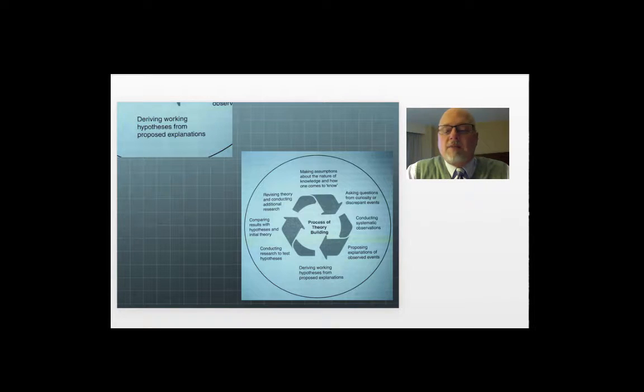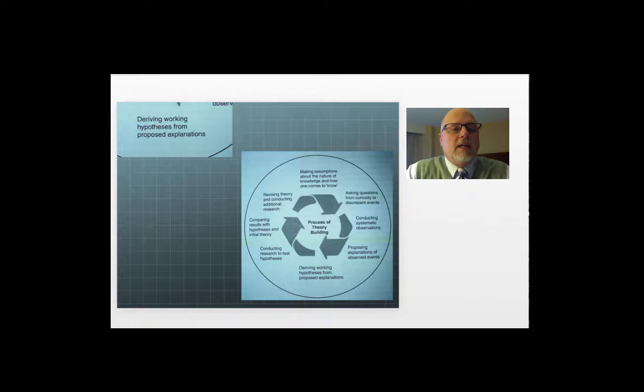So there has to be a match, a fit, between the hypothesis, the question you're asking, and that research design.